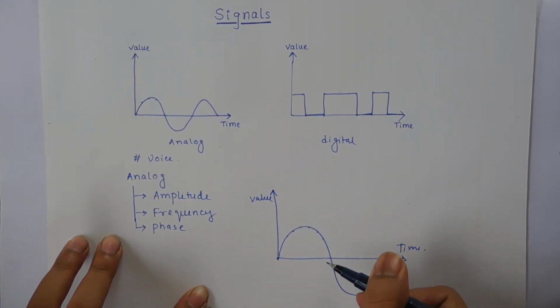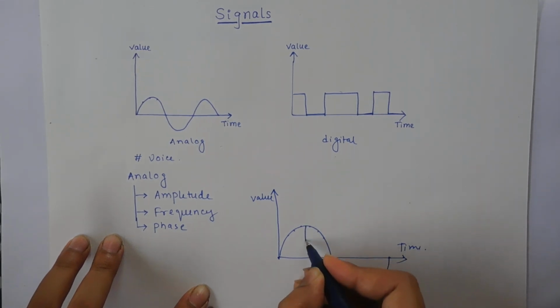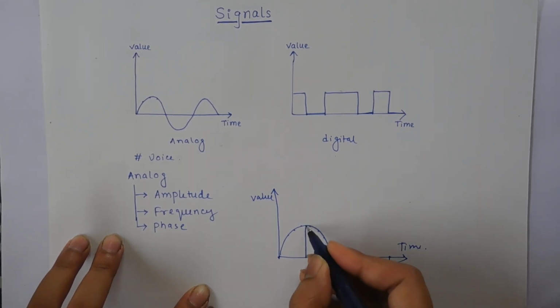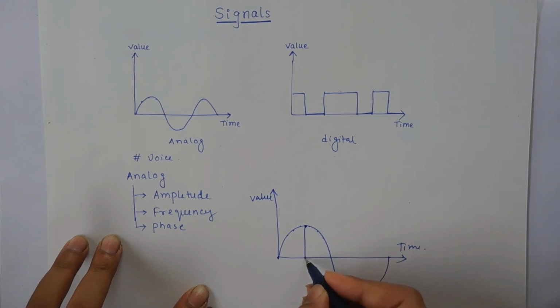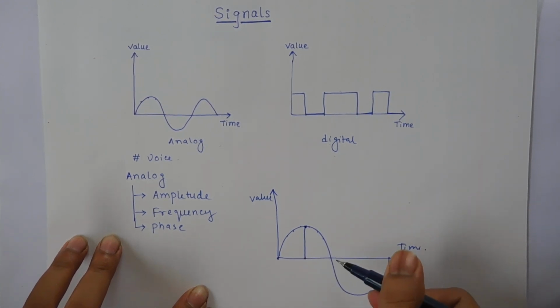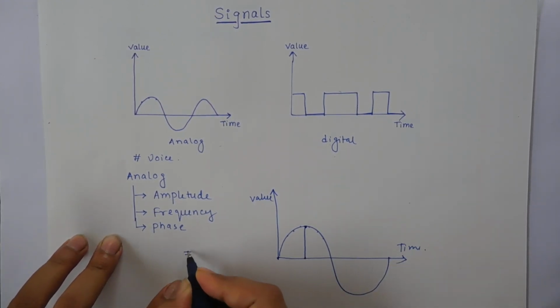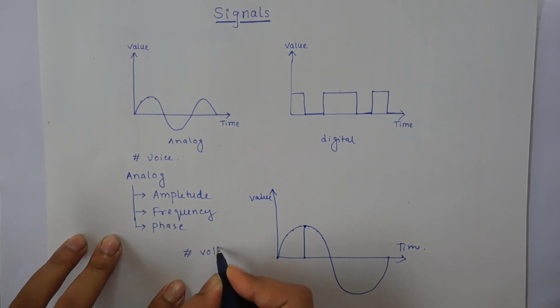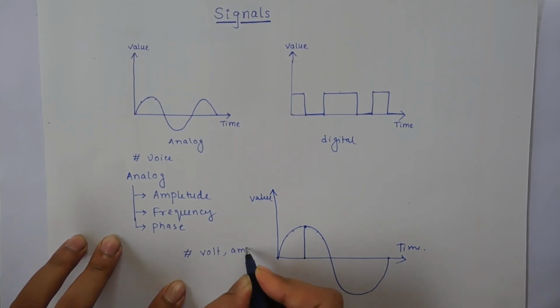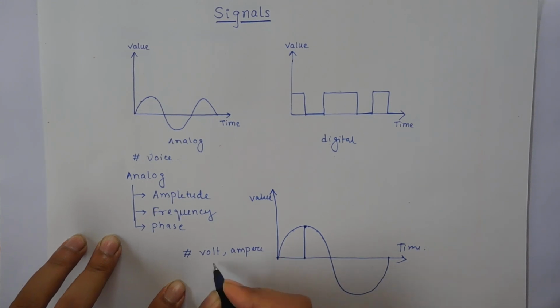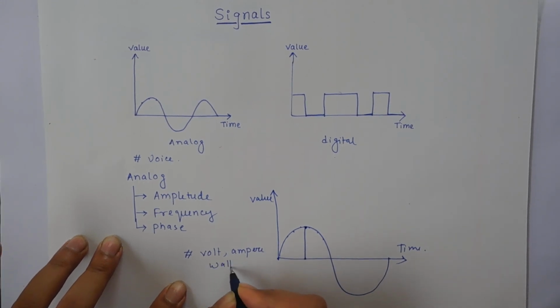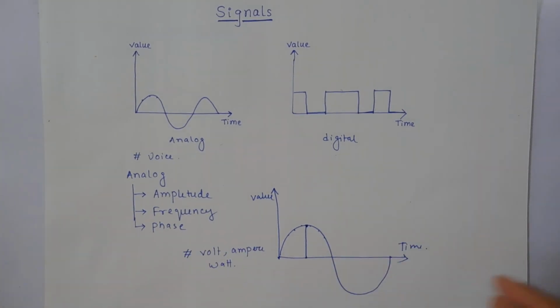That means you can also refer to it as the highest point of the signal. This is also called amplitude. It is measured in volt, ampere or watt.